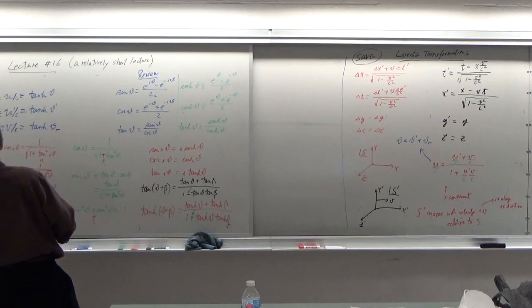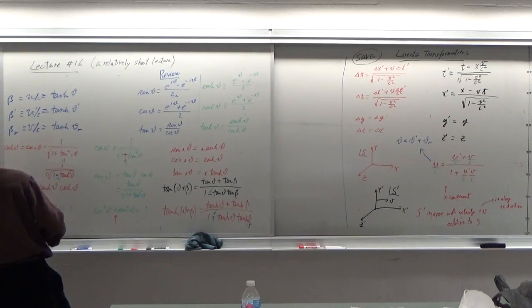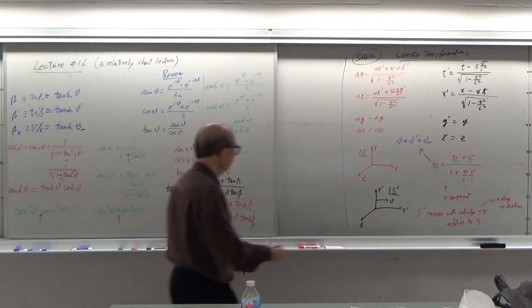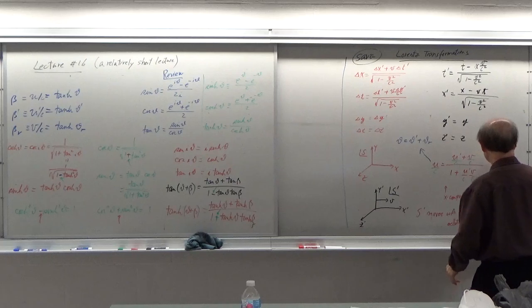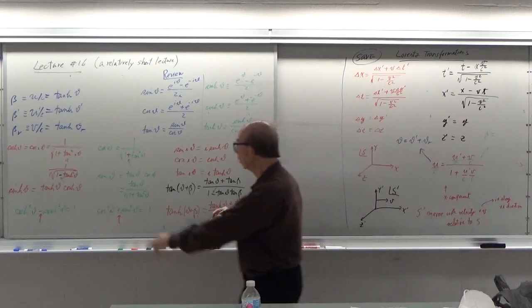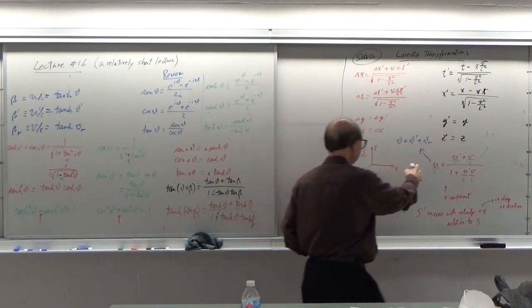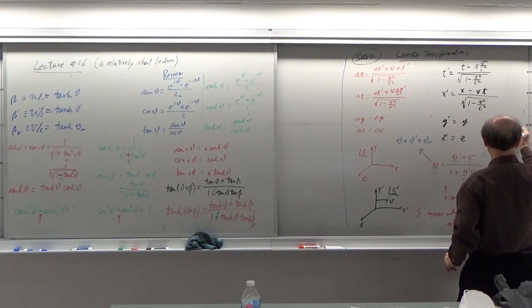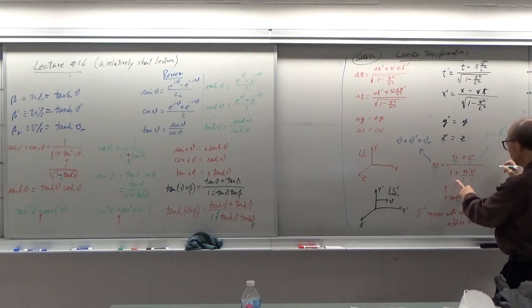U over c, oh, did I? Yeah, oh, so sorry. I hope now you can see it a bit. U over c is beta. So this becomes beta is equal to beta prime plus beta sub r over 1 plus beta prime times beta r.